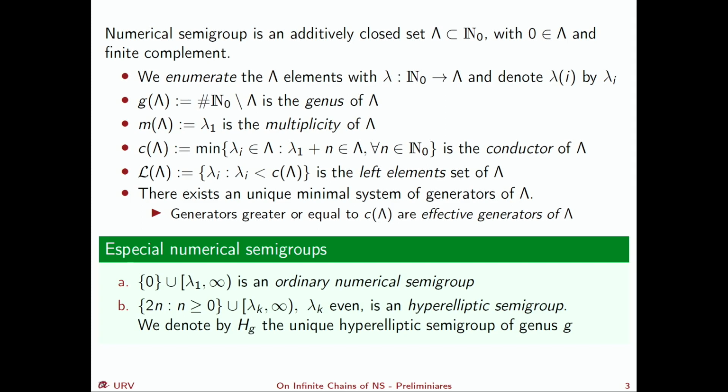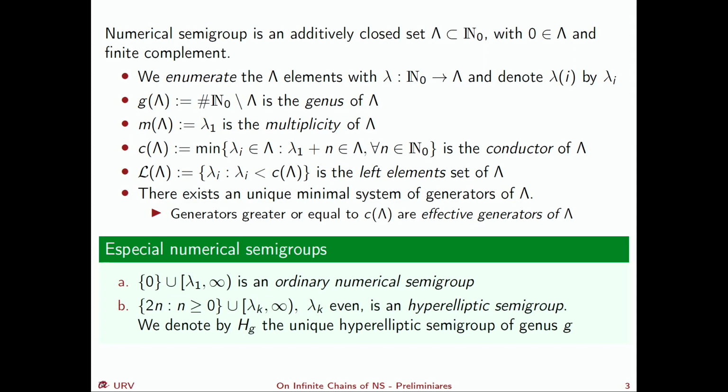We can enumerate its elements, using a lambda enumeration: 0 is lambda 0, and the next one is lambda 1, and so on. And the genus of a numerical semigroup is the cardinality of the complement.